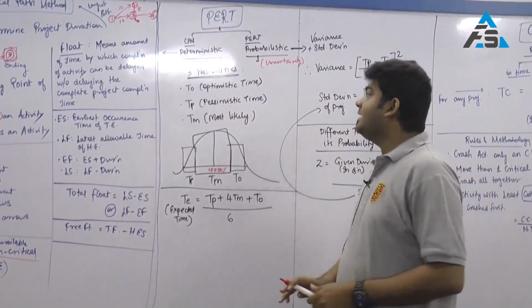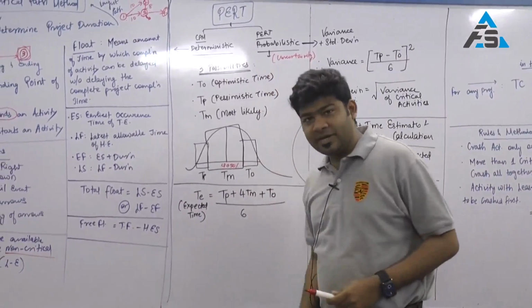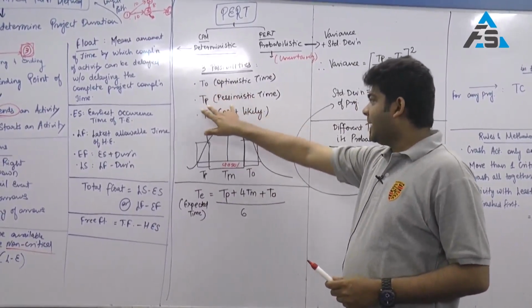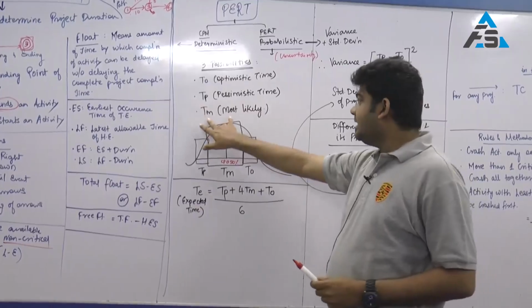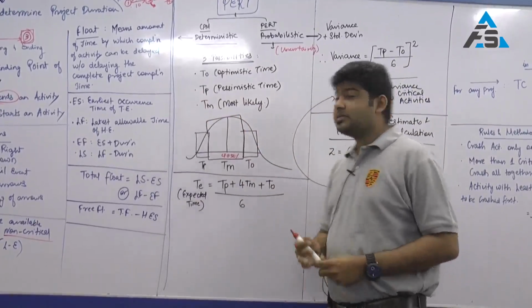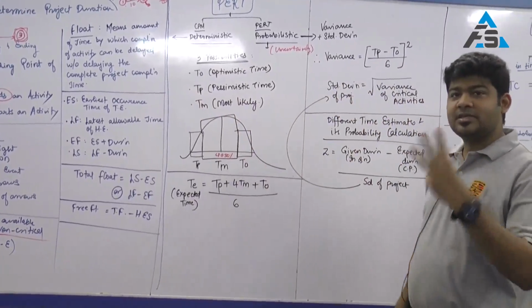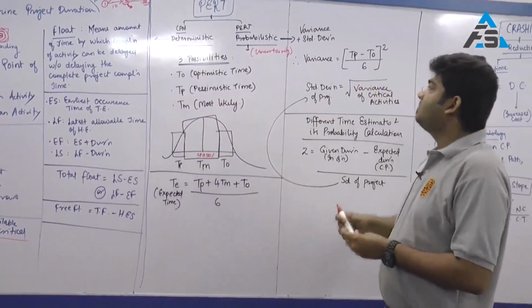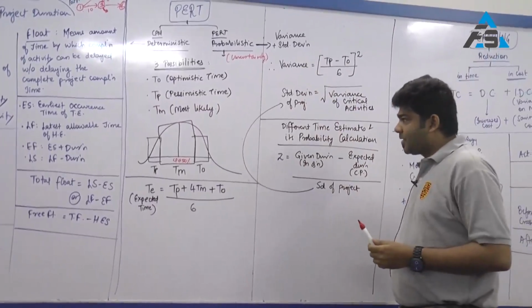How are those probabilities or possibilities calculated? Pay attention. 3: TO, optimistic time, TP, pessimistic time, TM, most likely. These are the 3 possibilities that are included as part and parcel of PERT.